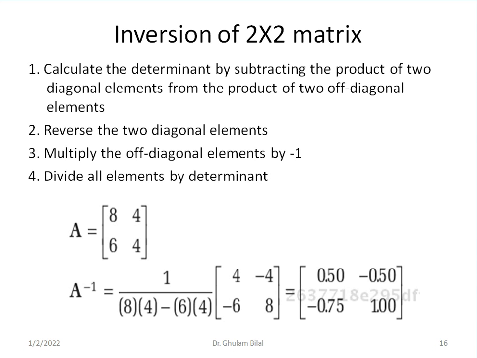We have reversed their positions and then multiplied the off-diagonal elements by minus 1. So minus 4 and minus 6, and then divide all elements by the determinant. This gives us 0.5, minus 0.5, minus 0.75 and 1. So this is the procedure of taking the inverse of a 2 by 2 matrix.